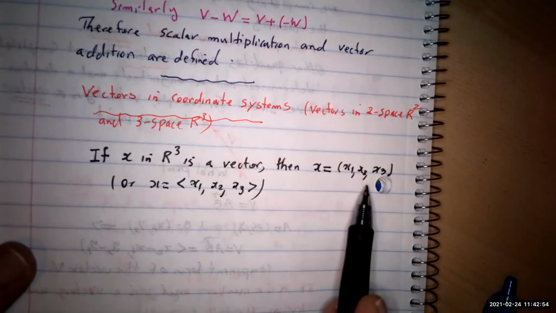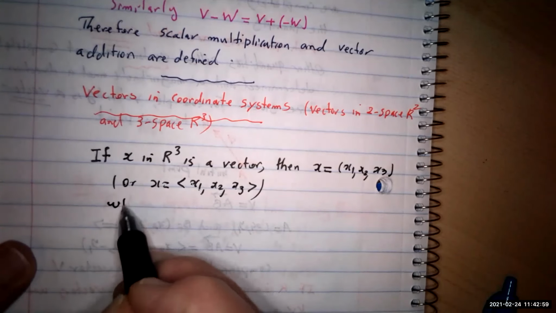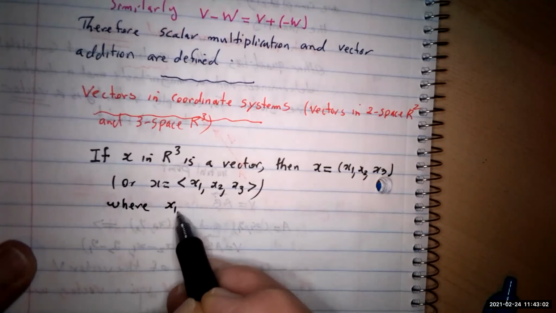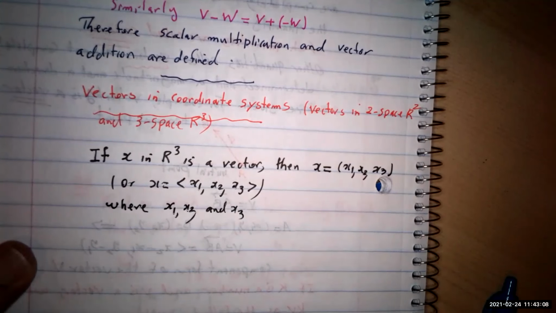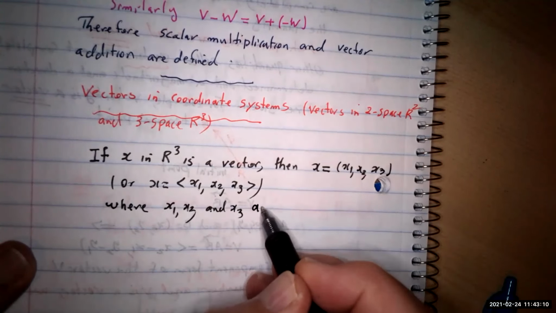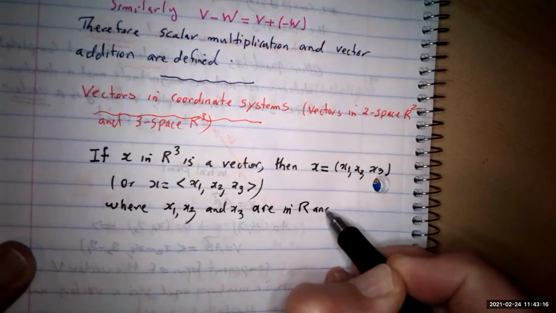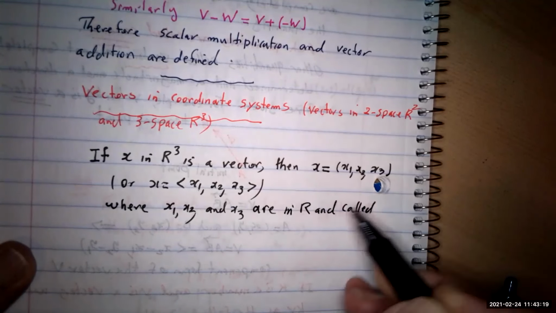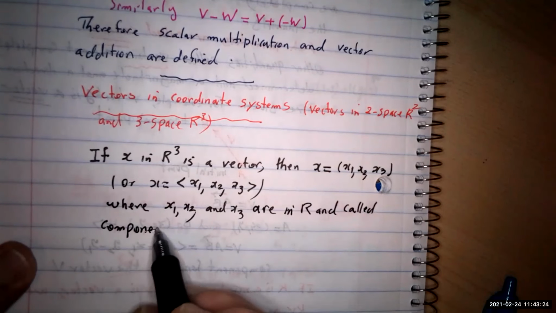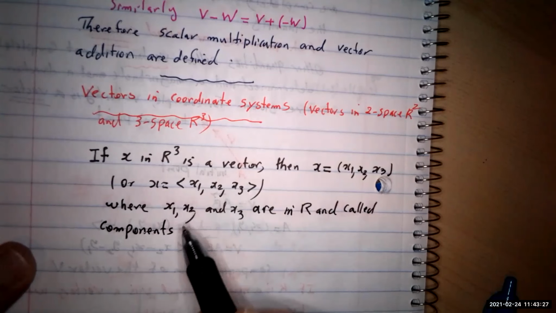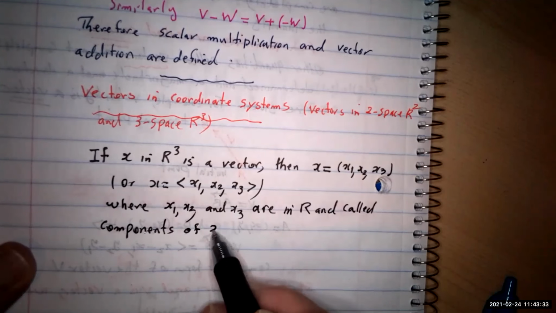If x is (x1, x2, x3), then x1, x2 and x3 are numbers in R, and they are called components of the vector x.